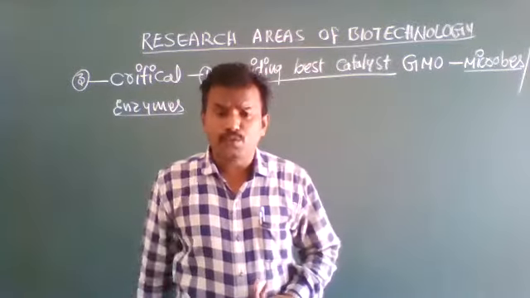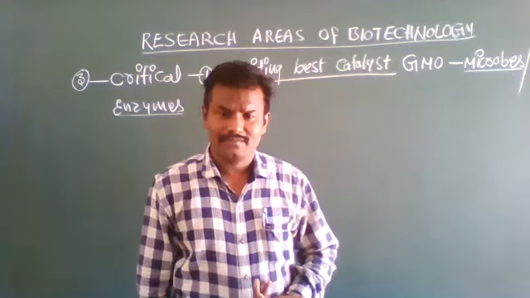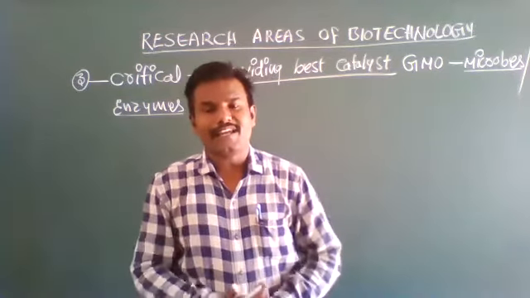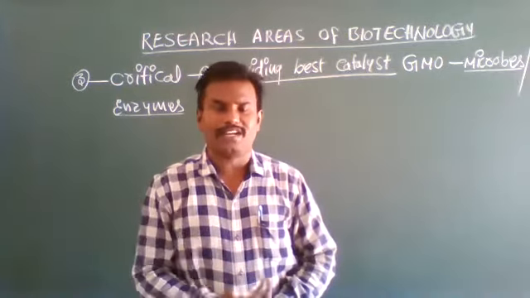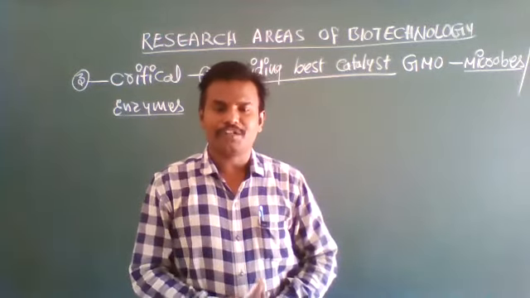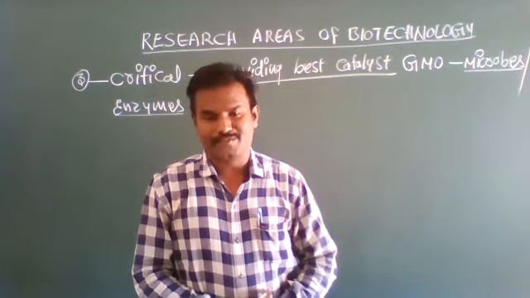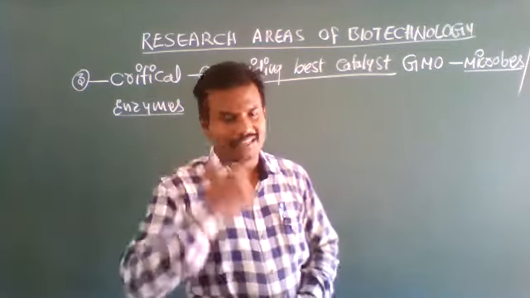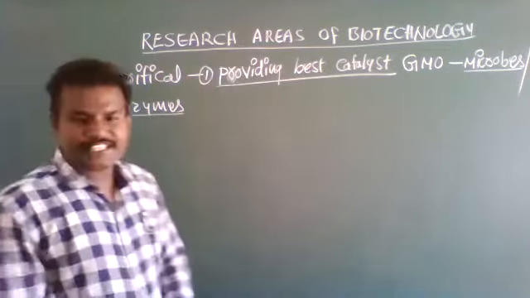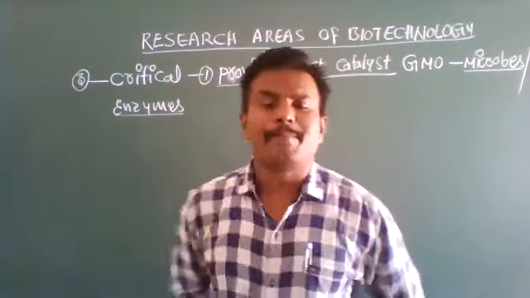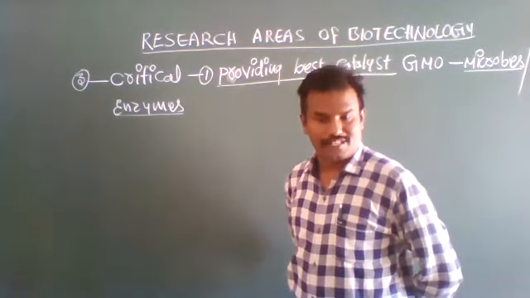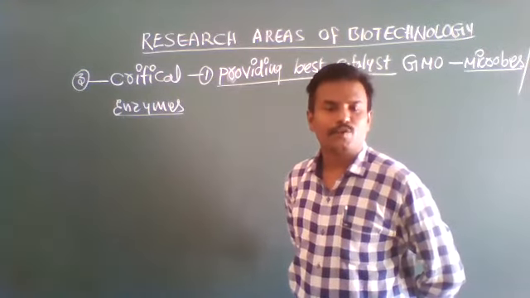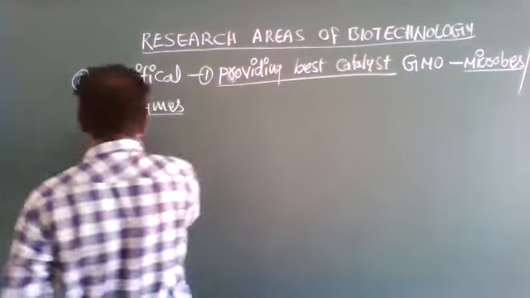Enzymes are used to speed up reactions. In the PCR technique we use Taq polymerase enzyme, which speeds up the replication process and quickly produces millions of copies. So that is the first research area of biotechnology, providing the best catalyst in the form of genetically modified organisms, microbes or enzymes.